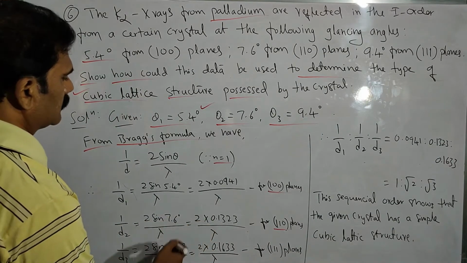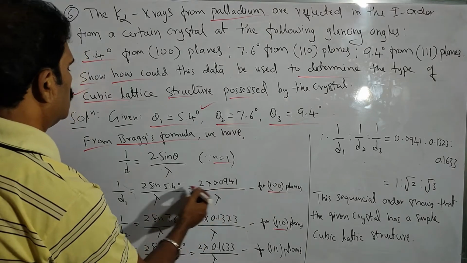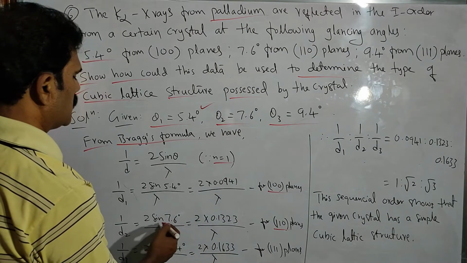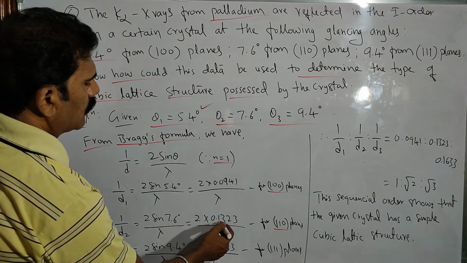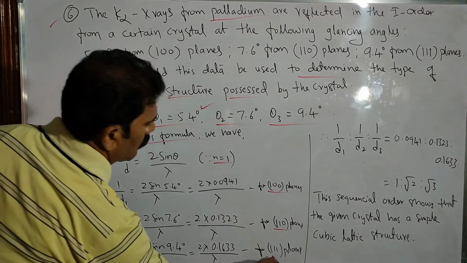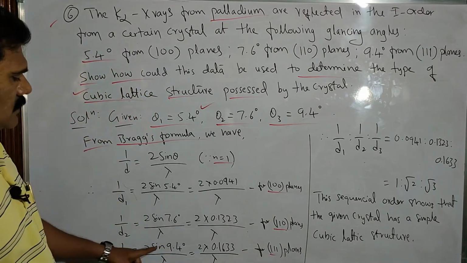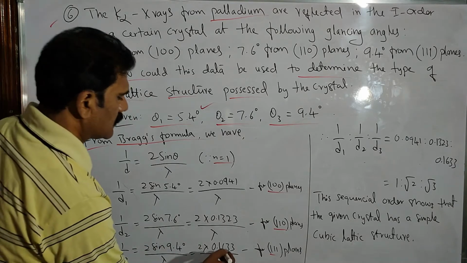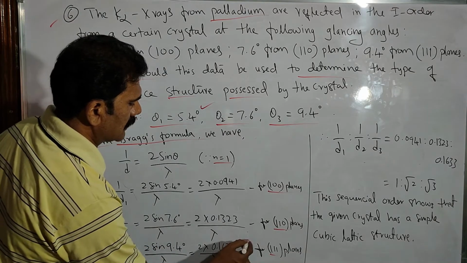Substitute that and calculate. Sine 5.4 degrees is 0.0941, sine 7.6 degrees is equal to 0.1323. Similarly, for 1 by d3, for 111 planes, you will get 2 sine 9.4 degrees by lambda, sine 9.4 degrees is equal to 0.1633.